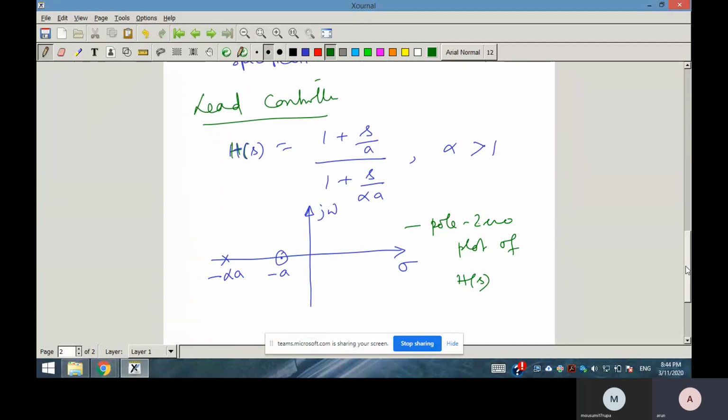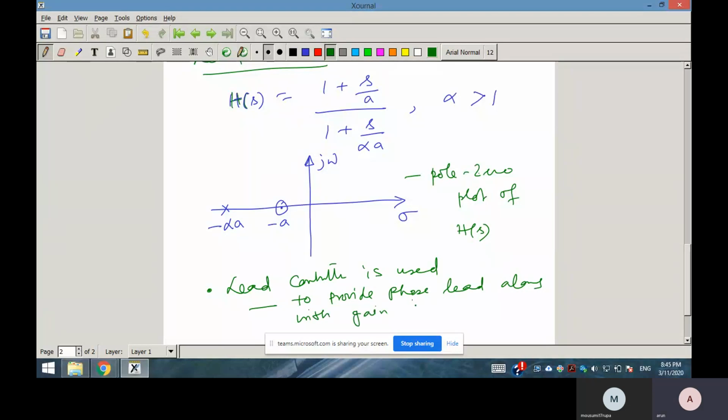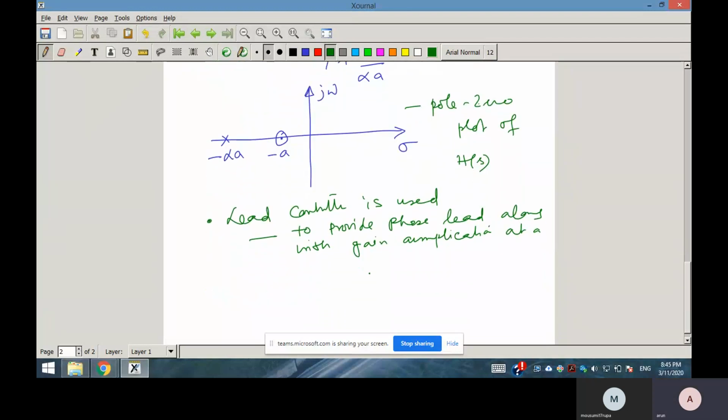The lead controller is used, one, to provide phase lead along with gain amplification at a desired frequency.